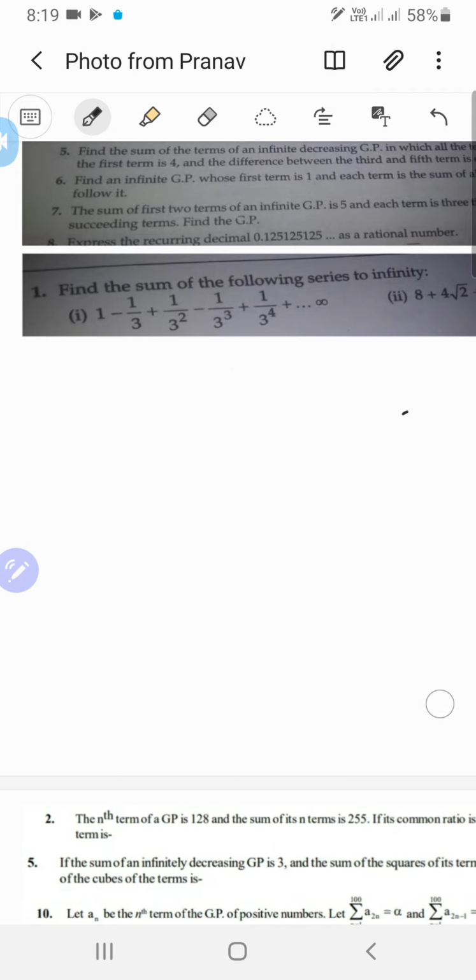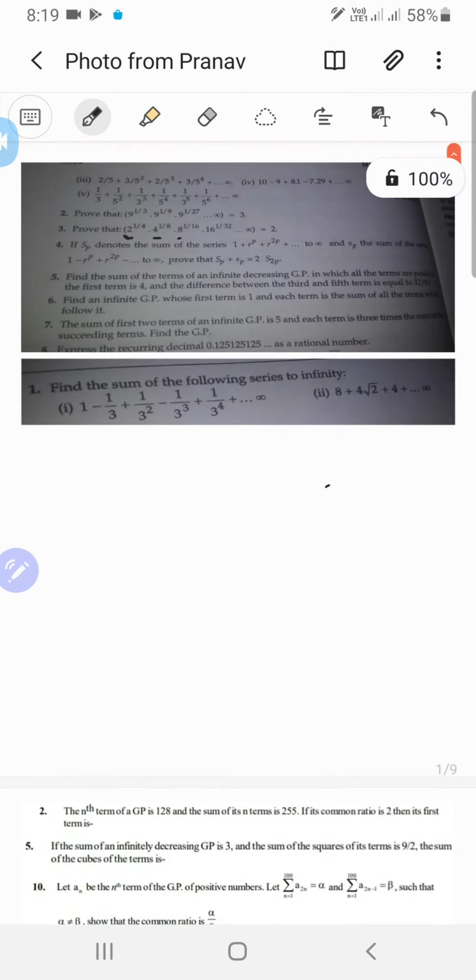So let's move to the next question. If S_p denotes the sum of the series 1 plus r to the pth power plus r to the 2p plus r to the 3p, going on to infinite terms, and small s_p is the sum of the series 1 minus r to the p power plus r to the 2p power.